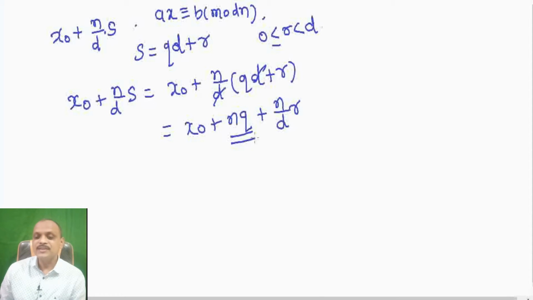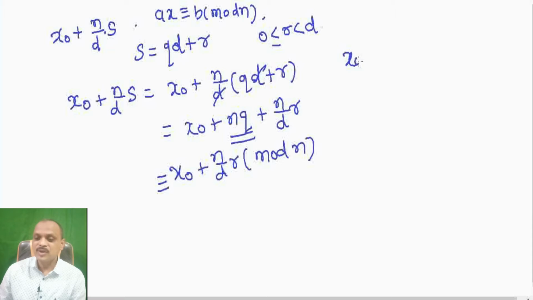But nq is divisible by n, and hence x0 plus (n by d) times r is congruent to x0 plus (n by d) times s modulo n. That means we have x0 plus (n divided by d) times s minus x0 plus (n divided by d) times r equal to nq.